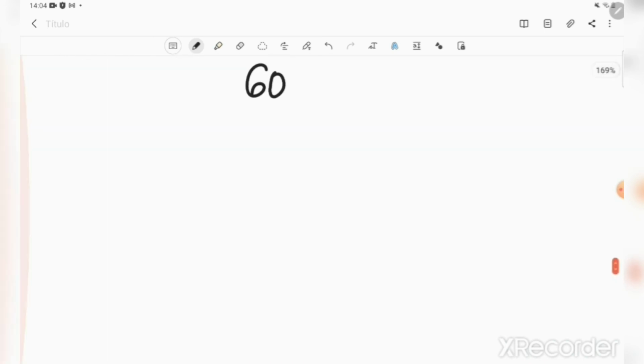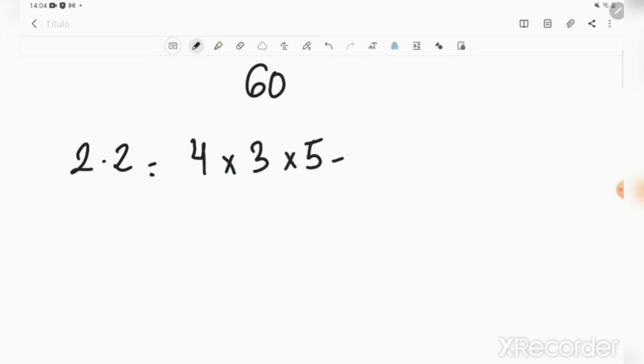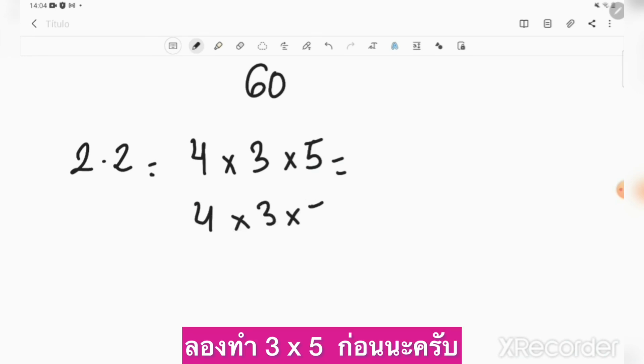Now let's go with number 2. Here we have 4 multiplied by 3 multiplied by 5. Here let's choose to do 3 multiplied by 5 first.